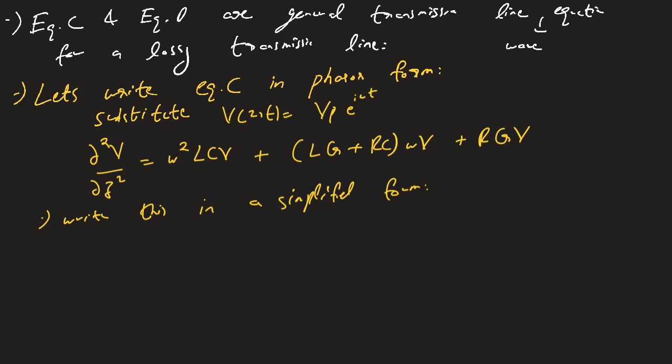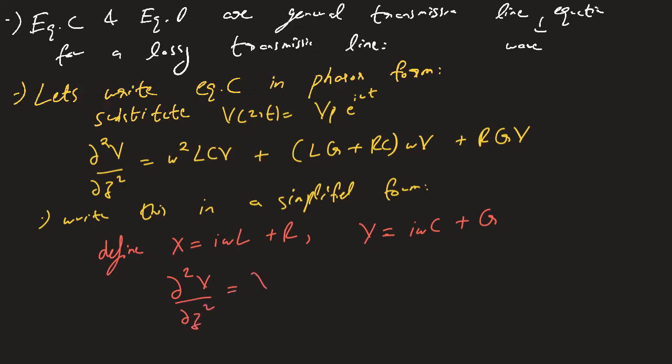If you define x to be equal to i omega L plus R, and if you define y to be equal to i omega C plus G, you can write your wave equation for V as del 2v by del z square equal to x y v. Honestly, that's all there is.